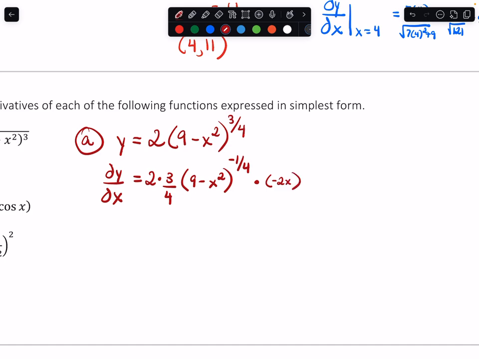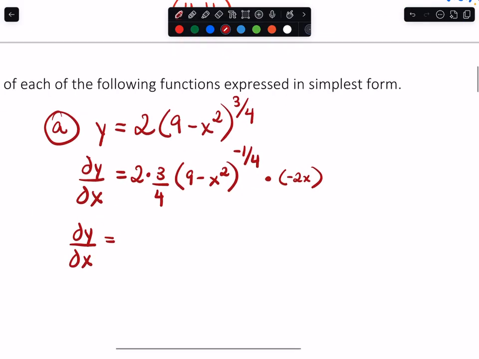I'm done with calculus, but it's really not a great idea to leave it like that because, one, on multiple choice, they're going to ask you to simplify it to pick the right answer. And on free response, I would have to do something with this, and leaving it like that is not going to help me a lot. So let's see. You're dividing by 4, but then you're multiplying by 2 and 2.